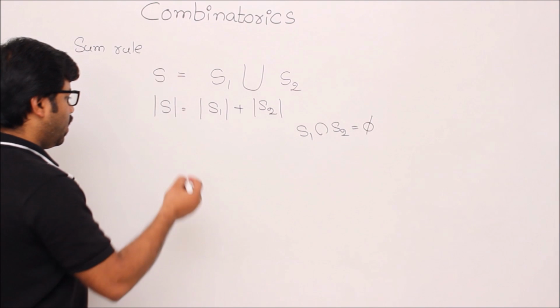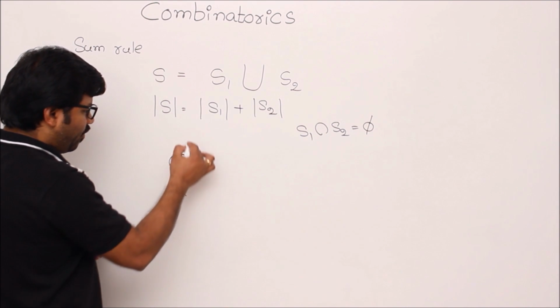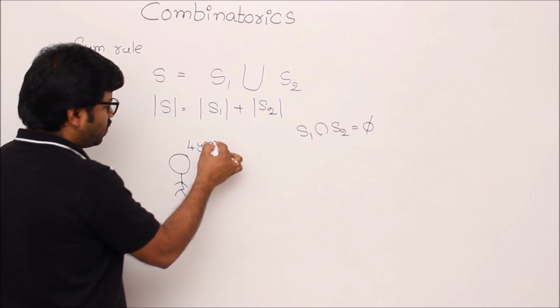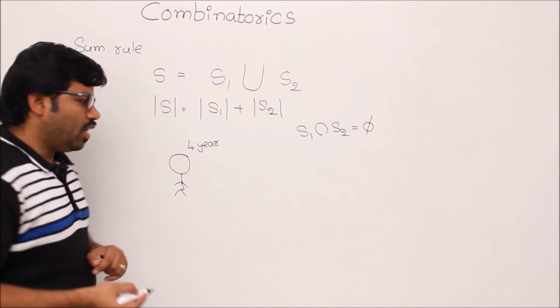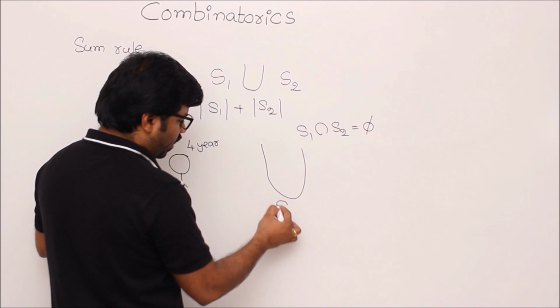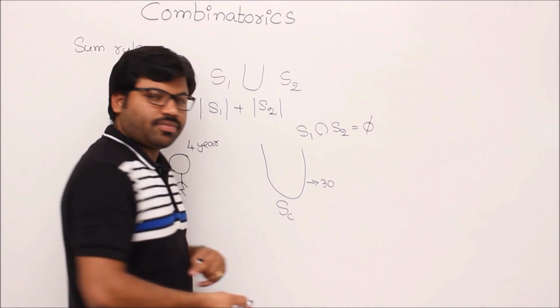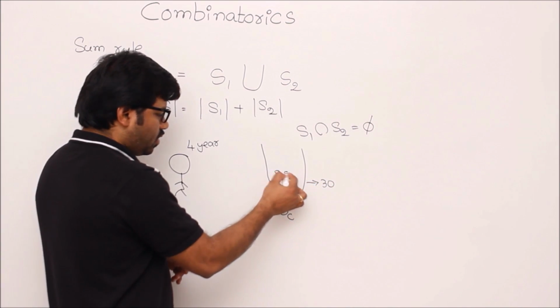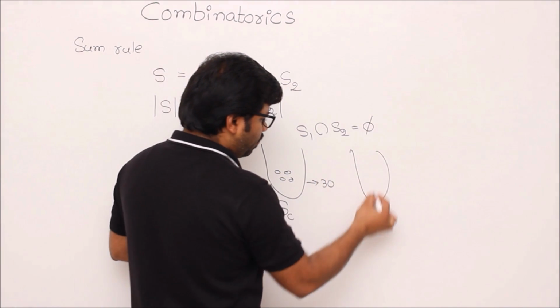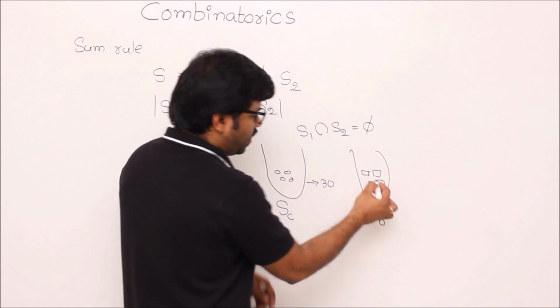Example: let's say Raju is a small kid, 4 years old, and he has some chocolates. That is a set of chocolates, something around 30, let's take. And he has some biscuits also with him. Let's say SB denotes the set of biscuits.